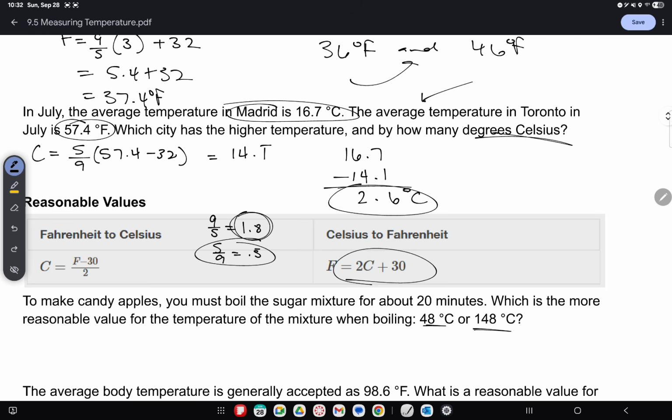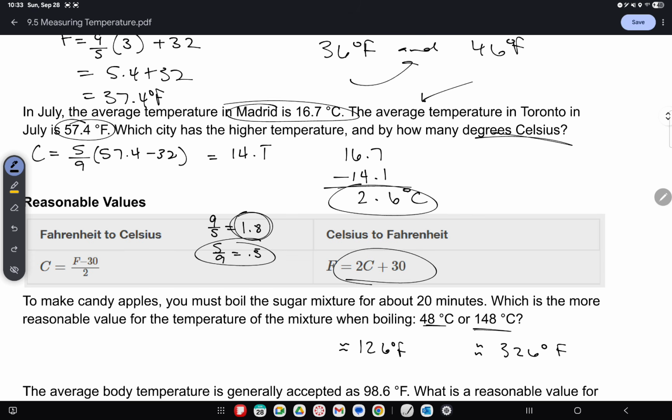So let's see, 48 times 2 plus 30 is about 126 degrees Fahrenheit. And then 148 times 2 plus 30 is about 326 degrees Fahrenheit.